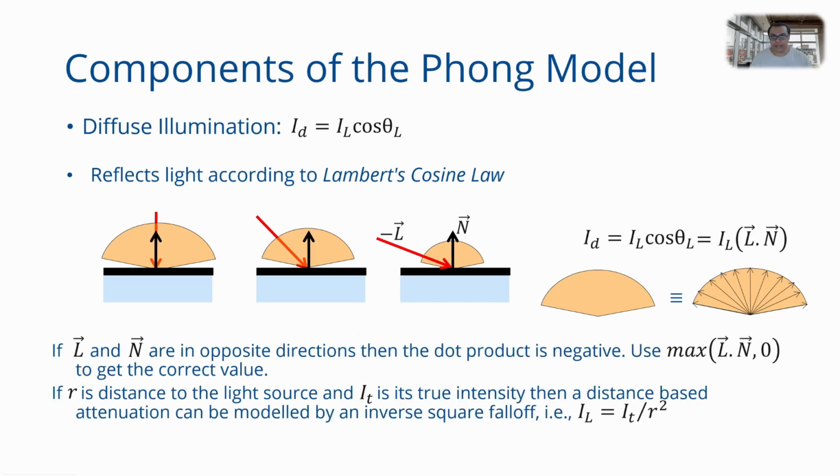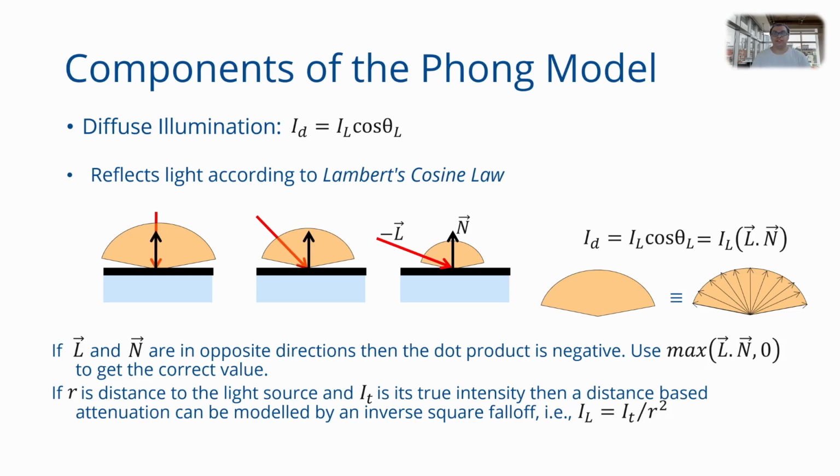When you are computing the diffuse component of illumination, sometimes the surface might be facing away from the light source and the outward facing normal might be in the other direction. If that is the case, then L dot N will turn out to be negative. Of course, illumination that you register or measure from a surface cannot be negative.